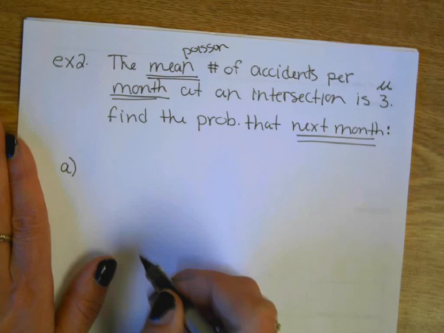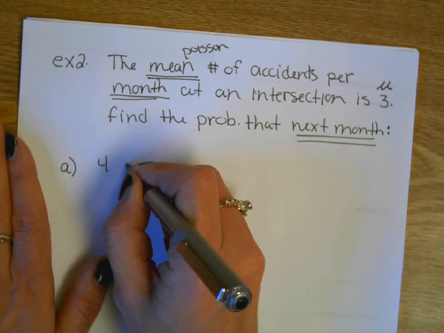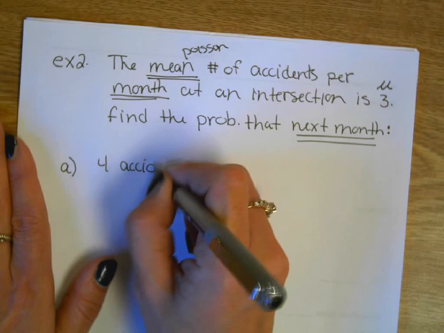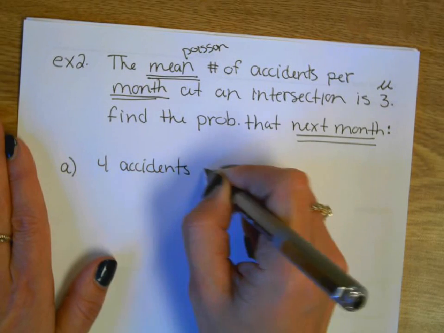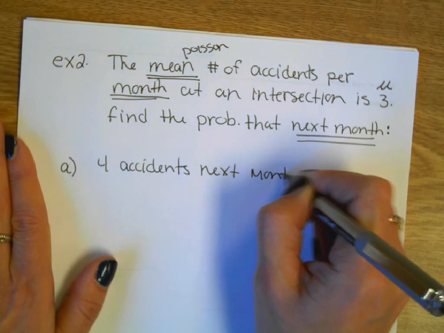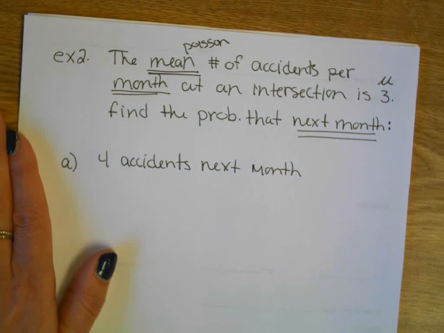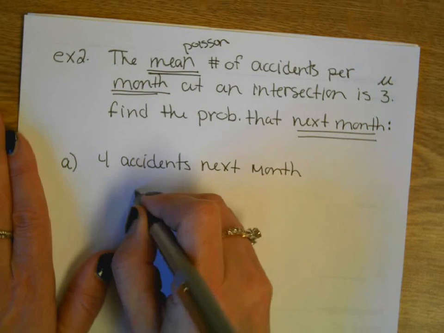So, first question, what's the probability that there are 4 accidents next month? So we're looking for exactly 4, so it's only the one probability.